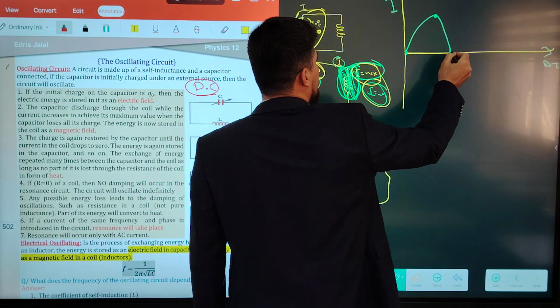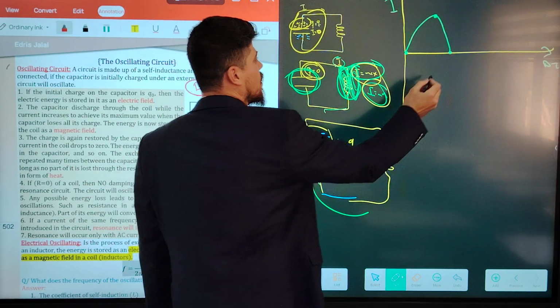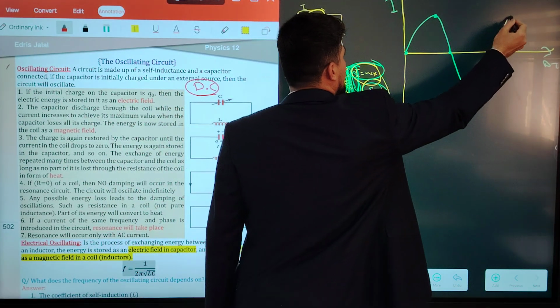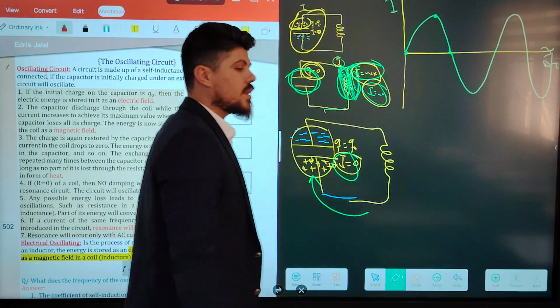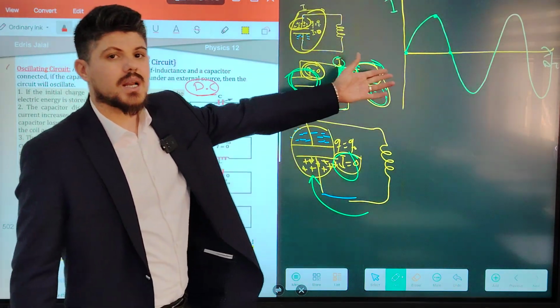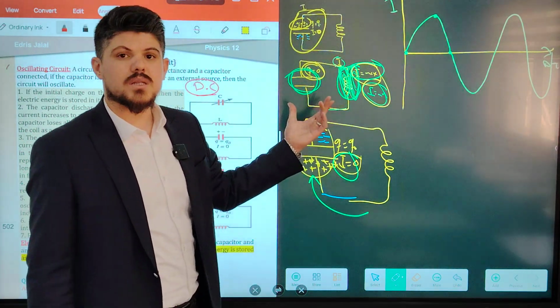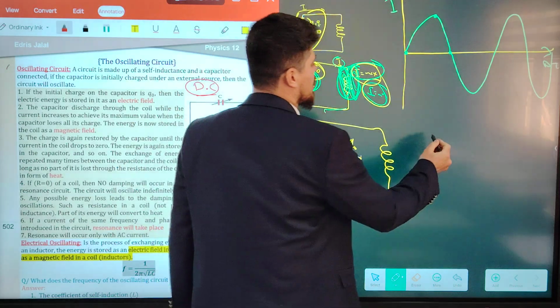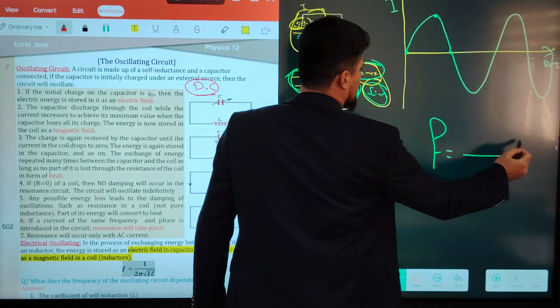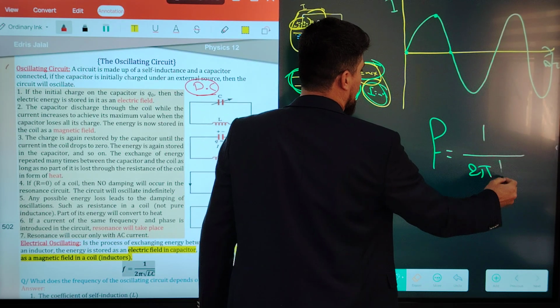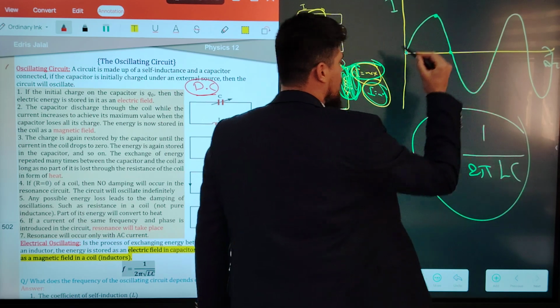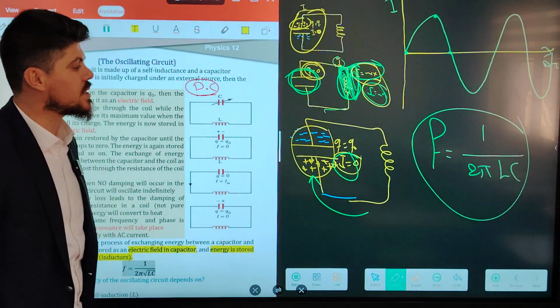When the capacitor becomes charged, current again becomes 0. Okay, so this oscillation will continue, and we can find the frequency in the oscillating circuit. The frequency in the oscillating circuit is equal to 1 over 2 pi root LC. This is the frequency of the oscillating circuit.